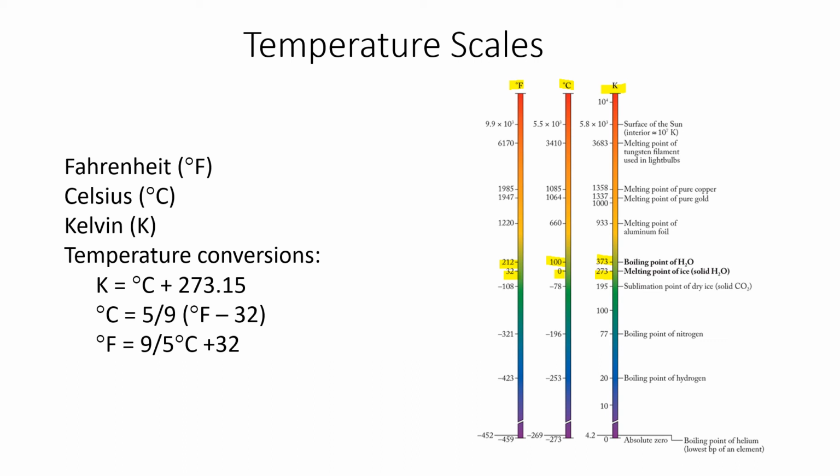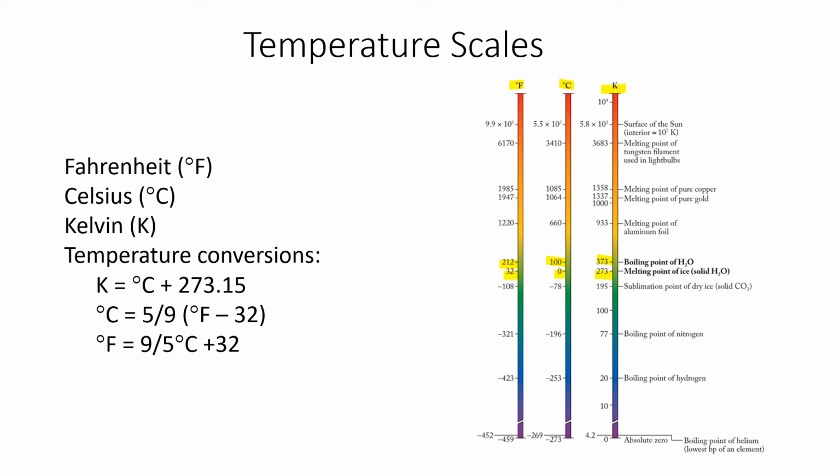The unit size on Fahrenheit is smaller. It takes more units to get to the same events. So that's going to be our first kind of difference, comparing and contrasting these different temperature scales. Celsius and Kelvin, same unit size. Fahrenheit, different unit size.